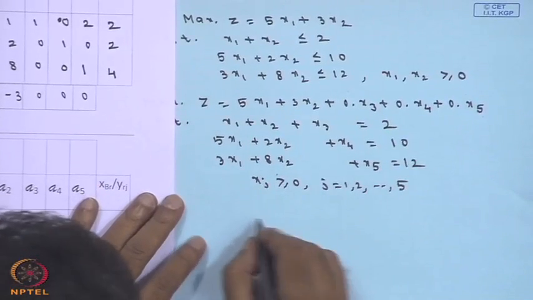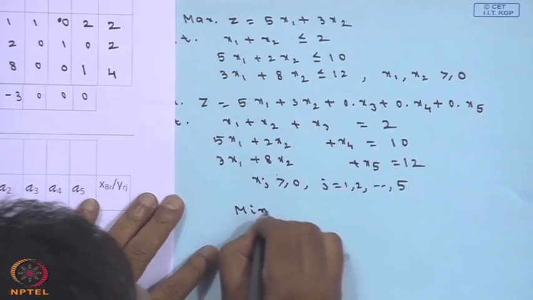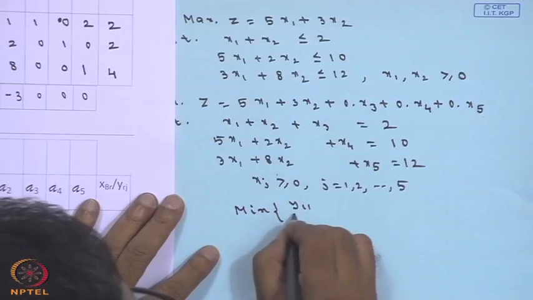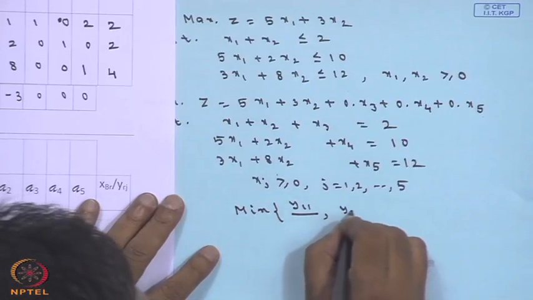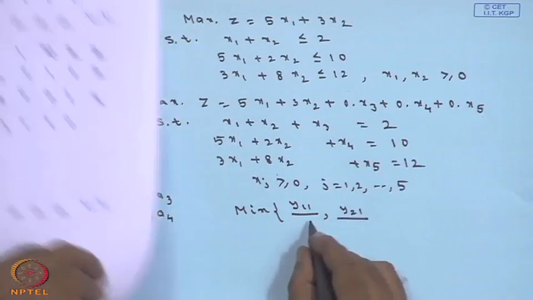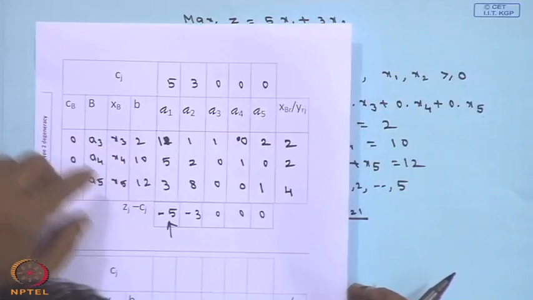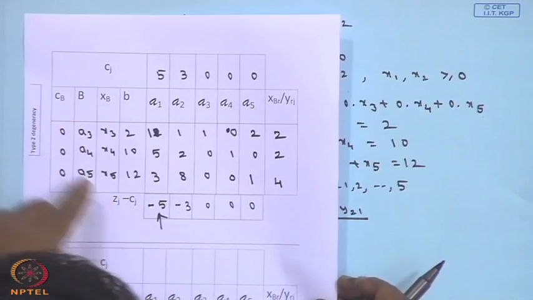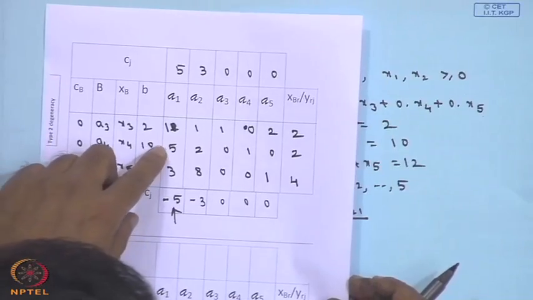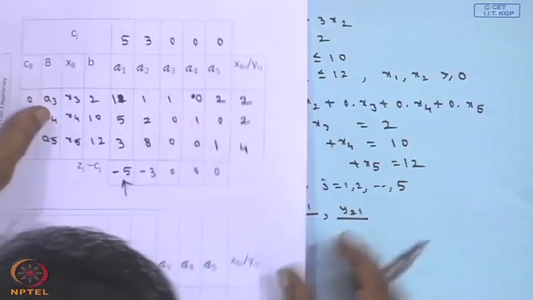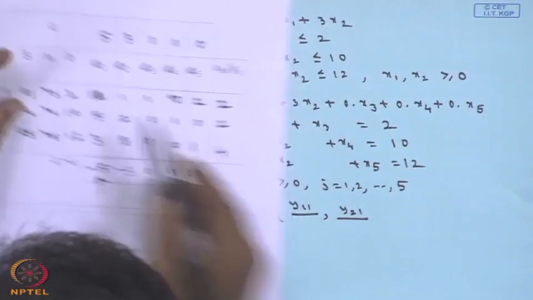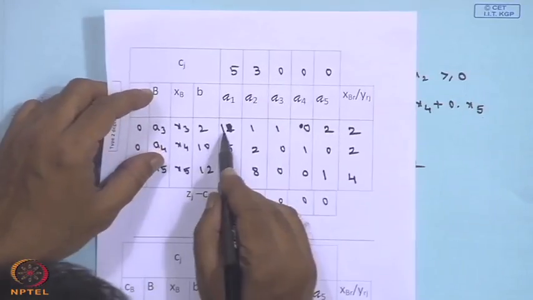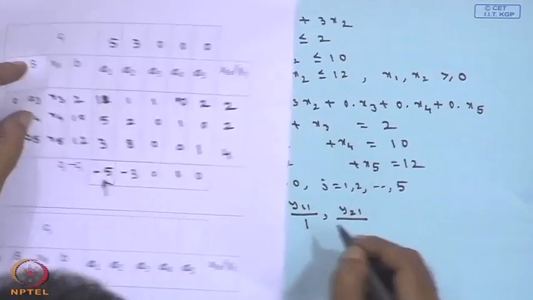What will I calculate? I have to calculate the minimum of y11 by something, y21 by this. Corresponding to this, that only I have to find out. For the first row, because the value corresponding to a1 is 1, in the denominator 1 will come.